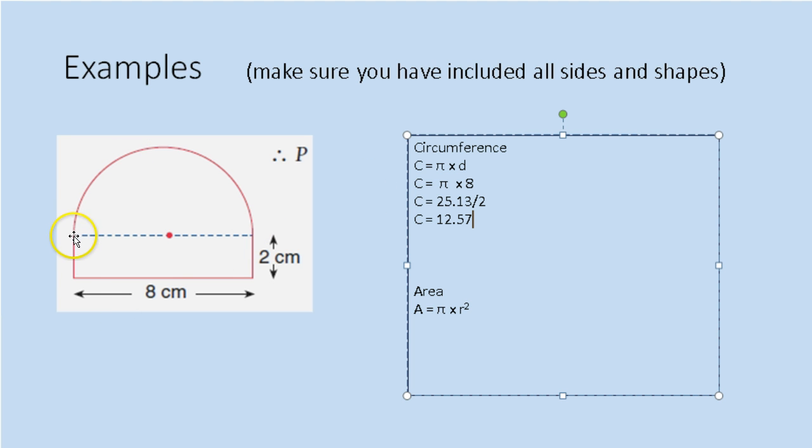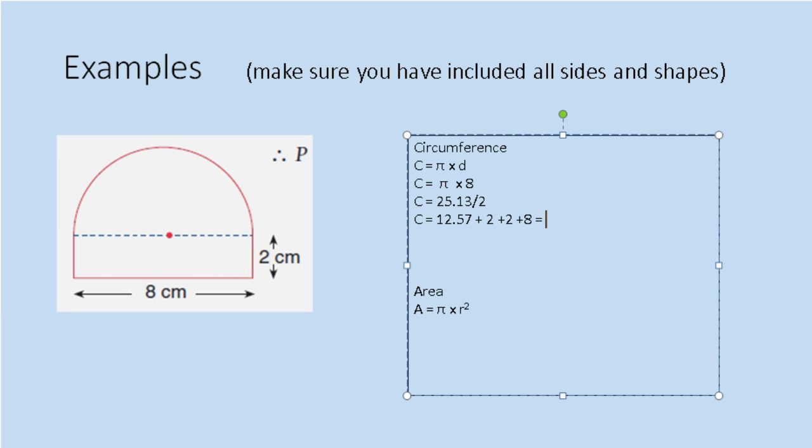I also need to add on these two sides here and the bottom. So I need to do 12.57 plus 2 plus 2 plus 8. So that's adding on this side here, this side, and then the base as well.